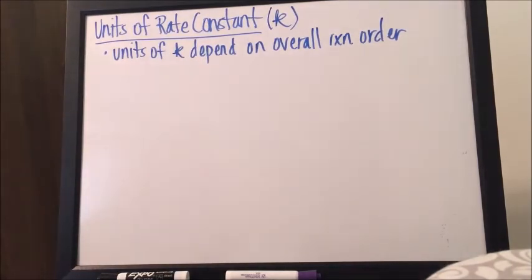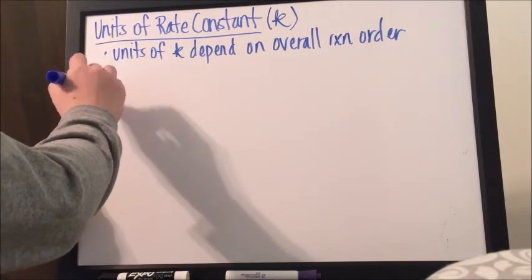And the fact that the units of K are not always constant, because they depend on the overall reaction order. So again, I'm going to make some stuff up. We're going to solve for the units of K and discuss it.